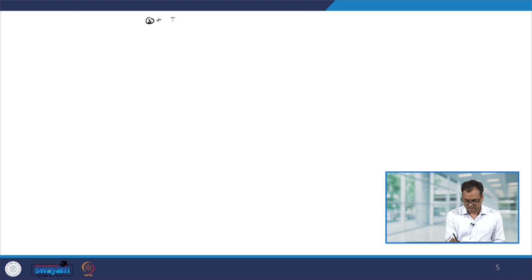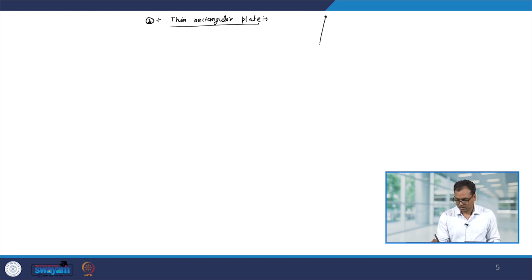Let us say a thin rectangular plate, with the x axis, the y axis and the z axis, and we want to calculate the moment of inertia about an axis that passes through the center and is perpendicular to the plane of the rectangular plate.